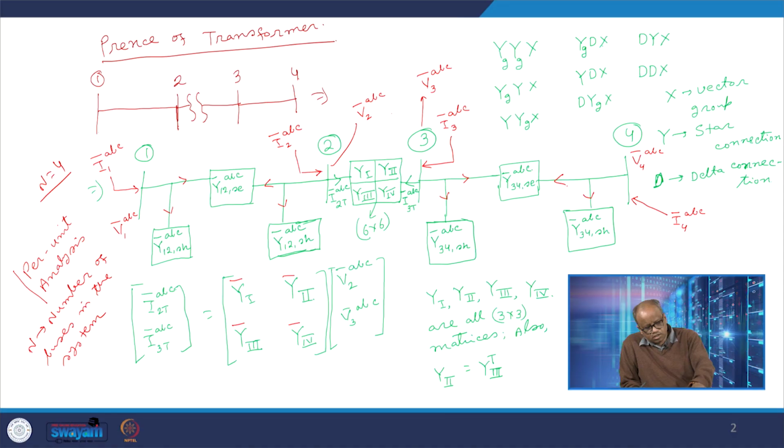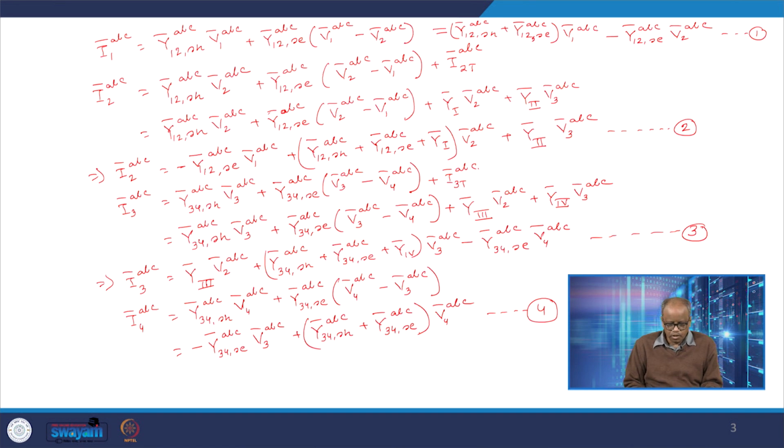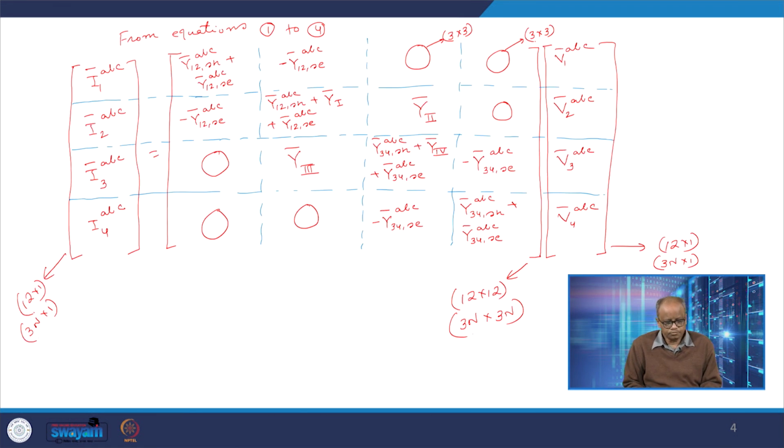Let's say this bus number may be 2, this may be 1, and so on. Then again we have to write down these equations, and forming the Y bus matrix that way is not a really feasible process. So we have to develop some feasible process.